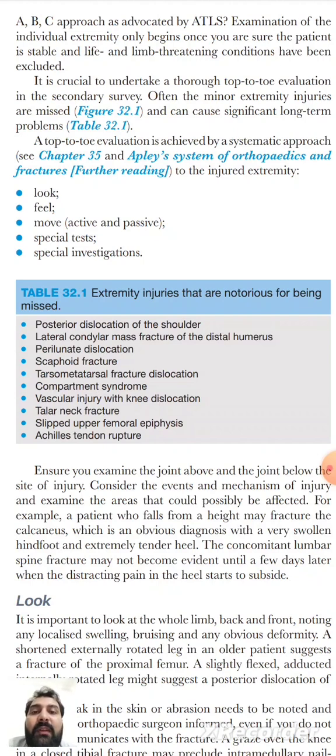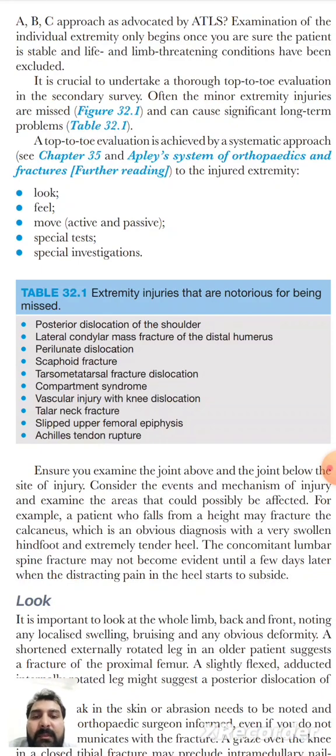A top-to-toe evaluation is achieved by a systematic approach, which includes look, feel, move, special test, and special investigations. What is the systematic approach? Look, feel, move, special test, and special investigations. Look is inspection, feel is palpation, then move, special test, and special investigations.